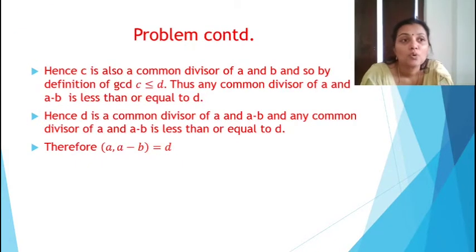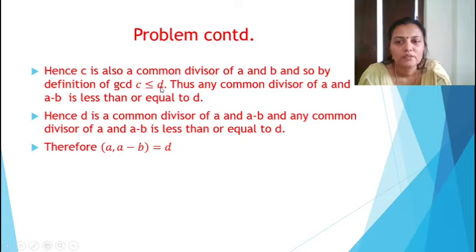Hence c is also a common factor of a and b. We have taken c as a common factor of a and a minus b. From that we got c is a common factor of a and b. So by definition of GCD, c should be less than or equal to d. d should be the greatest common factor.